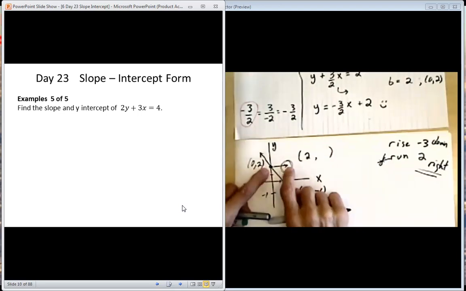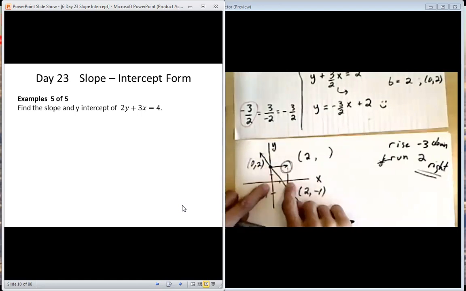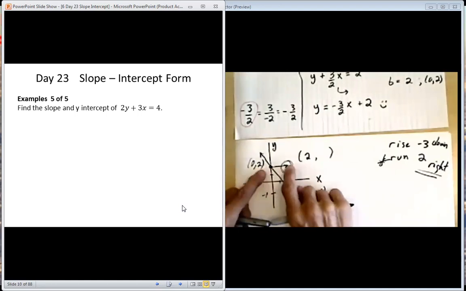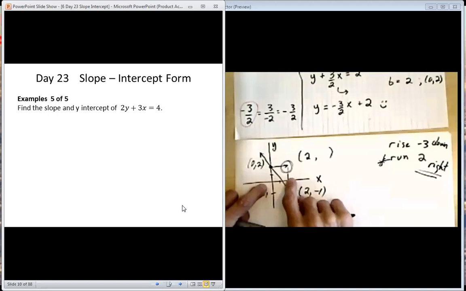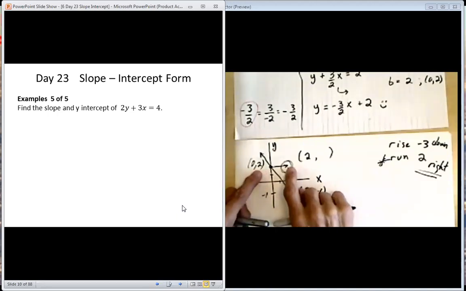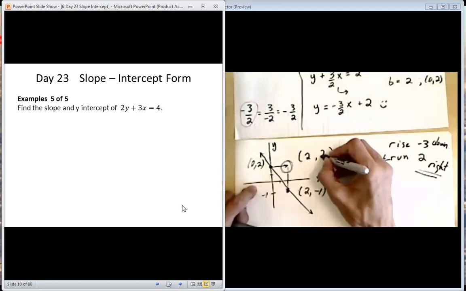We don't. It's at the same height above the y-axis all the time, right? So what's the height here? 2 clearly. So what's the height going to be right there? 2 as well. Okay.